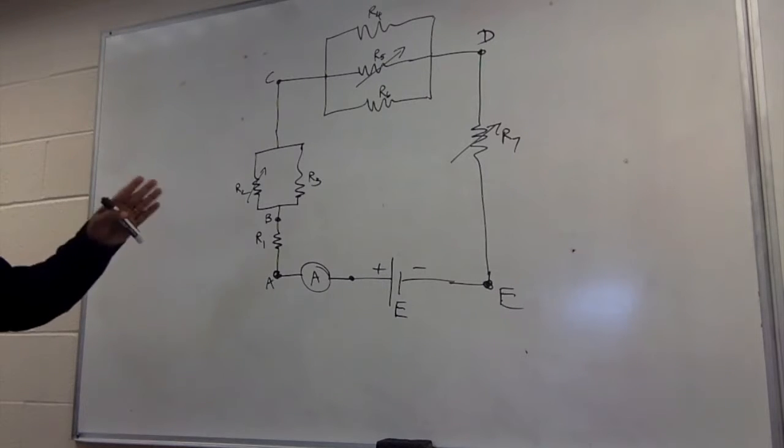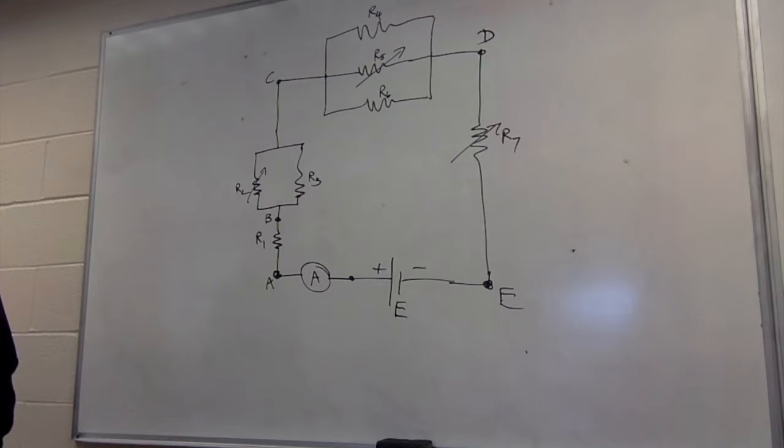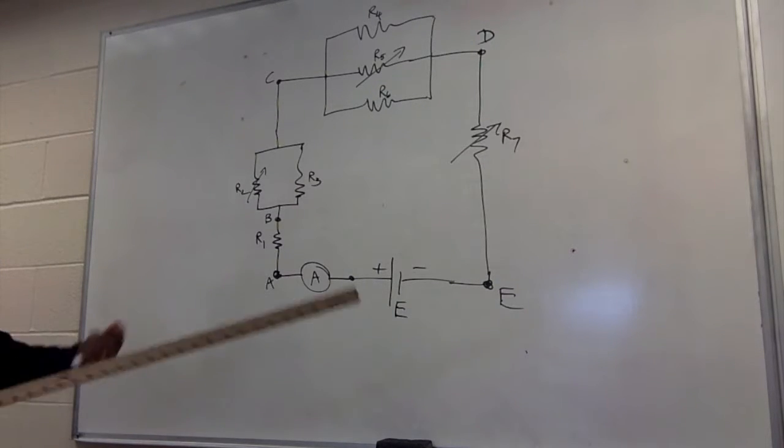All that is mentioned is R7 is increased. Any answer? Well, there are only 3 answers possible, so you'll have at least a 33% probability of getting it. Yeah, doesn't it stay the same? It stays the same. Why? Because the EMF still needs to be measured.